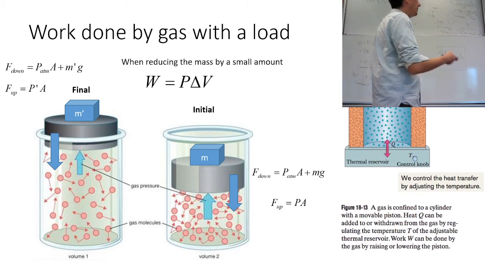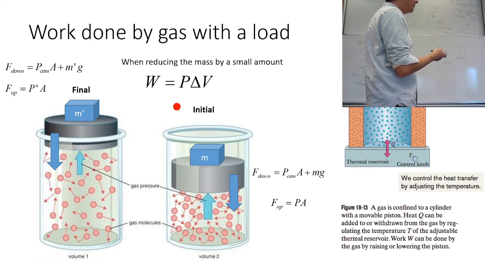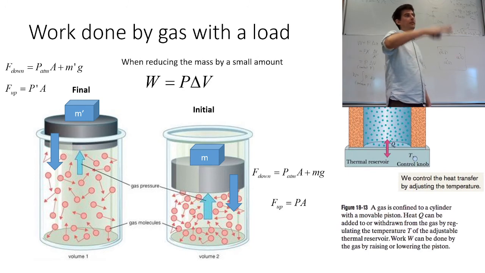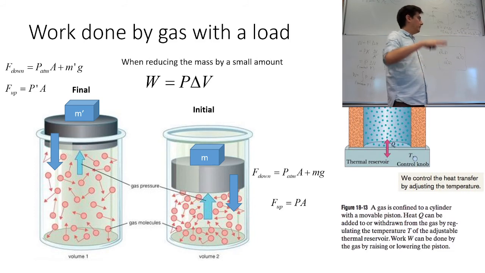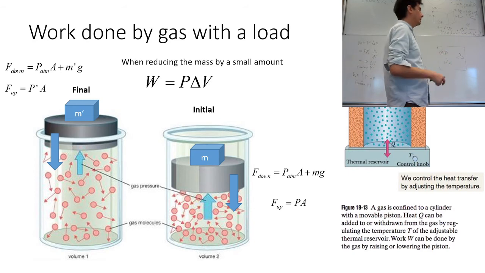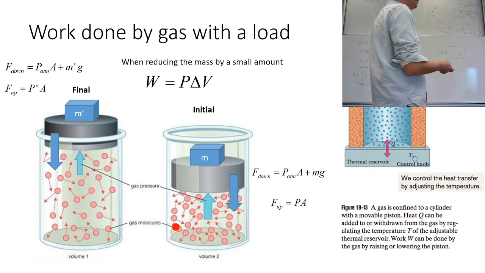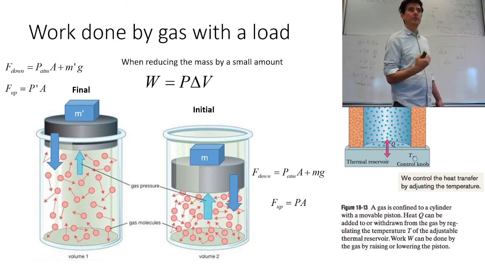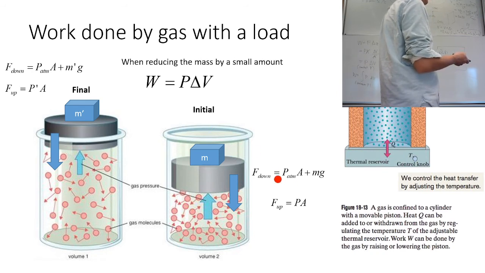Okay, so in this case, what's happening with all these forces? The way that this piston works is that it's something that balances the forces on the outside and the inside, right? And the position of the piston is really just dependent upon where these forces balance. So the gas itself is pushing on the piston from the underside, and the force that it's applying on the piston is just P times the cross-sectional area. But of course, there's a force on the other side too. Firstly, there's atmospheric pressure.